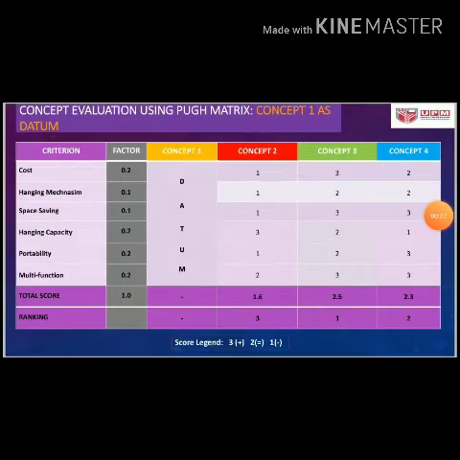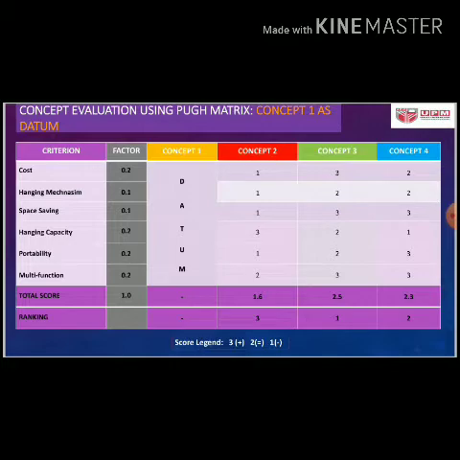Okay guys, moving on to the first style, the Pugh matrix, we have 2 important parts here. The first one is the factors or the weightage, and the second one is the scoring system. You might ask me why we have to apply the factors or weightage on the criteria. Simple answer: because we want to represent the significance of one criterion over another.